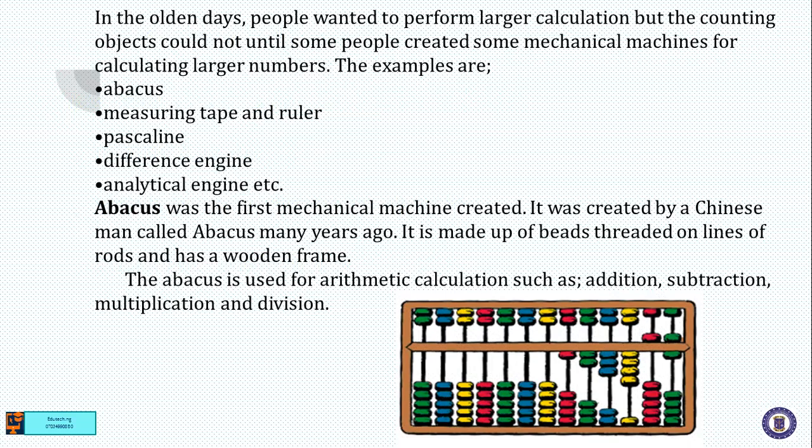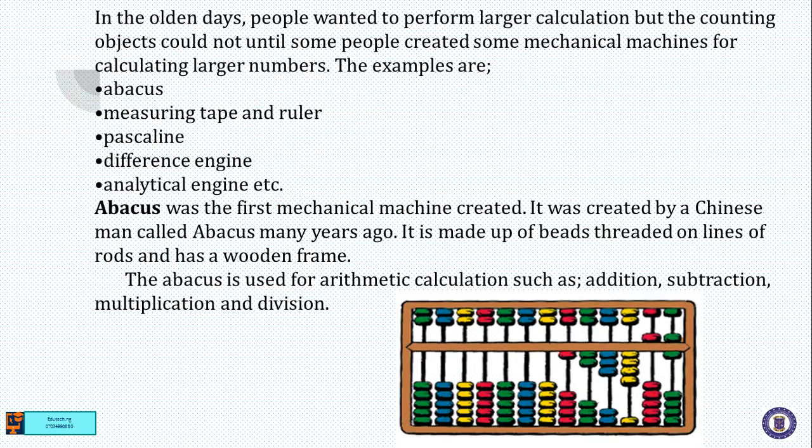When they wanted to perform larger calculations, the counting objects could not help them until some people came out with mechanical machines for calculating larger numbers. So we are going to see some examples of these mechanical machines for calculating.